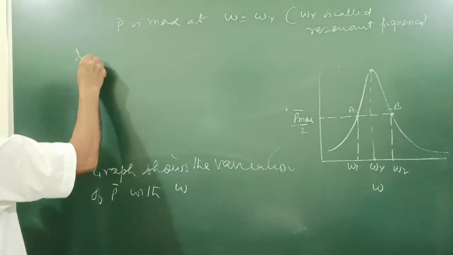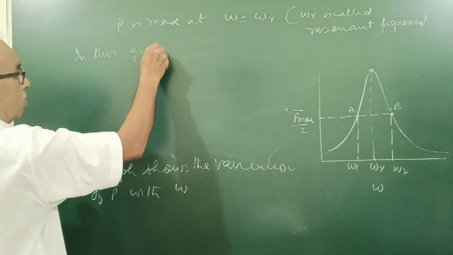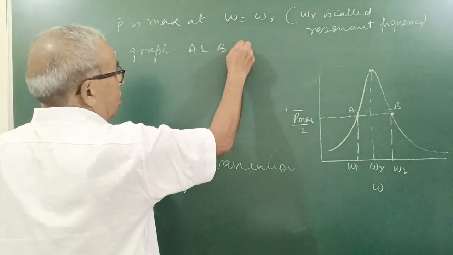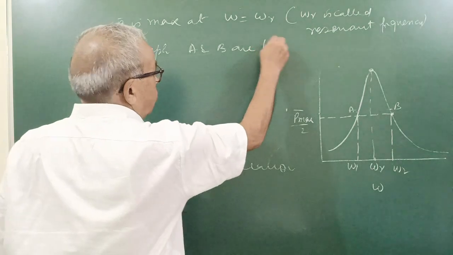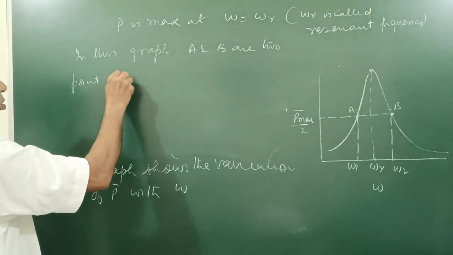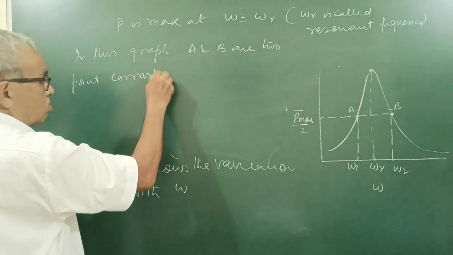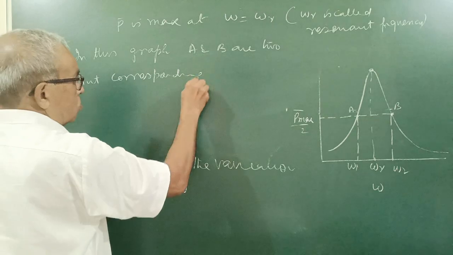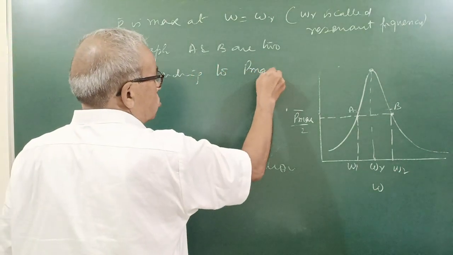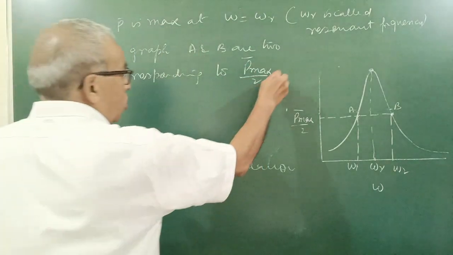In this graph, A and B are 2 points corresponding to P bar maximum by 2.